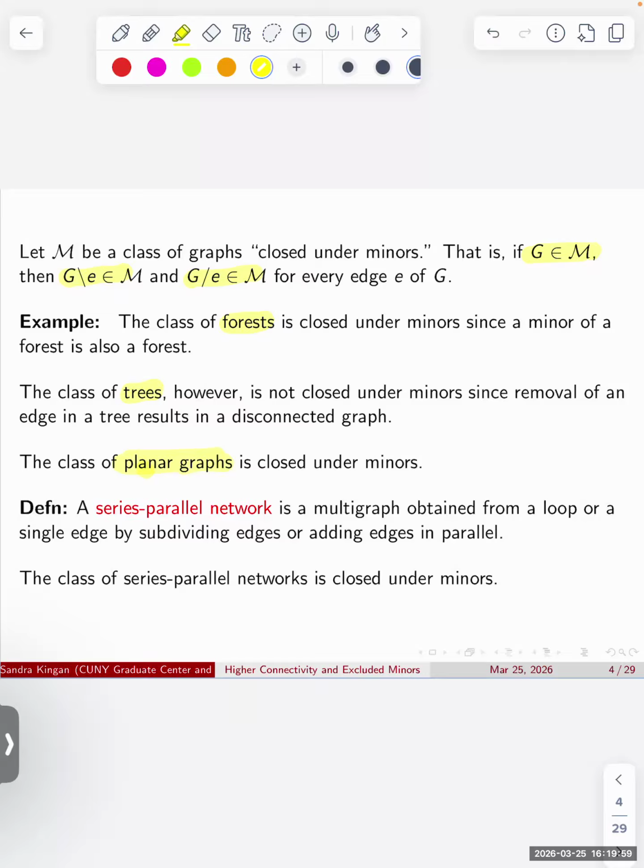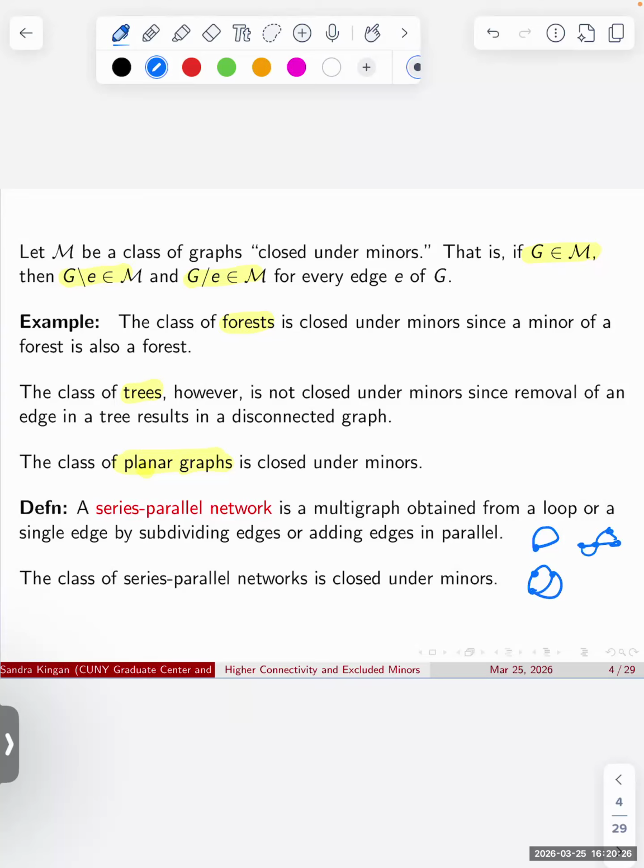And this interesting family, series parallel networks, which are multigraphs obtained from a loop or a single edge by subdividing edges or adding edges in parallel. So you can subdivide edges, or you can add edges in parallel, and so grow the graph in this manner.